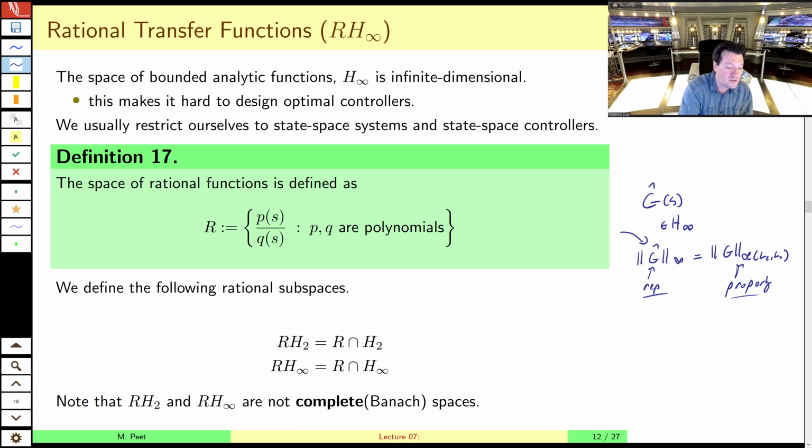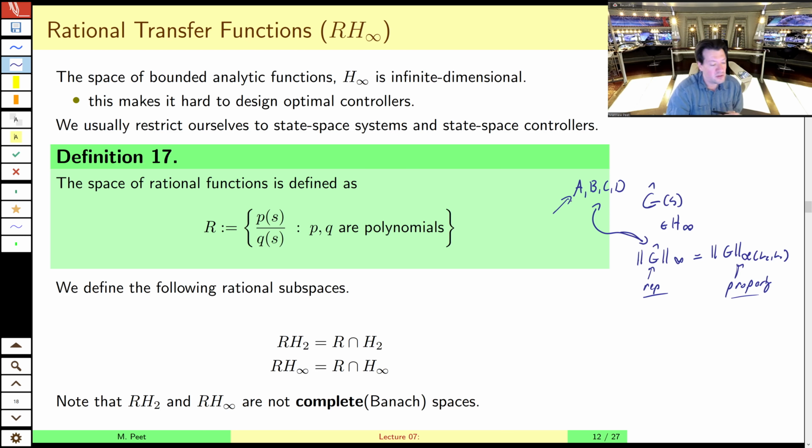And so we're going to relate the properties of the transfer function to properties of the state space representation, which we're more comfortable with, A, B, C, D. But we're not going to do it directly in terms of this A, B, C, D itself.